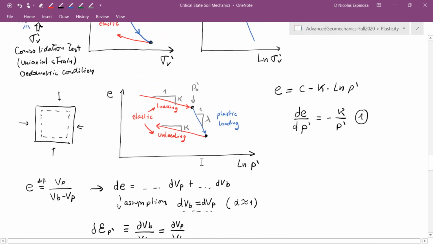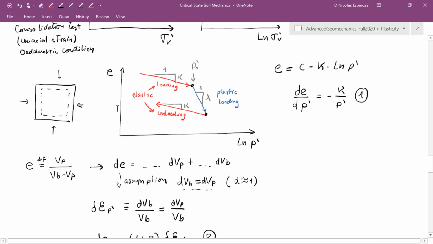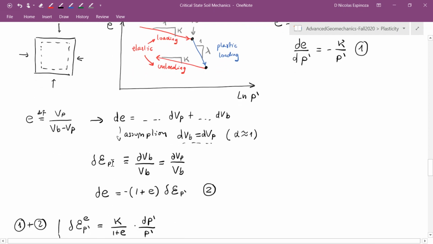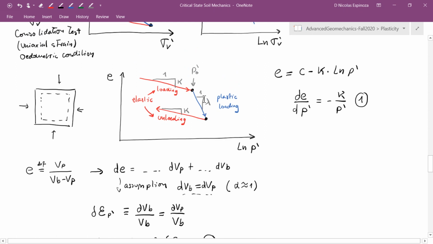In this region, if I have a change of the mean stress, I can predict the change in void ratio, and we also know how to convert this to plastic strains through this relationship over here. So I can tell you the increment of plastic volumetric strain in this section based on the parameter lambda and also on the parameter kappa.